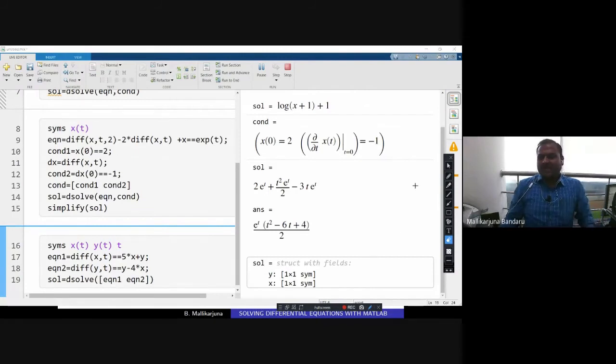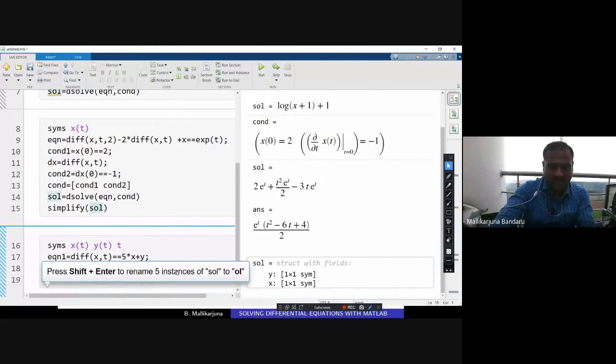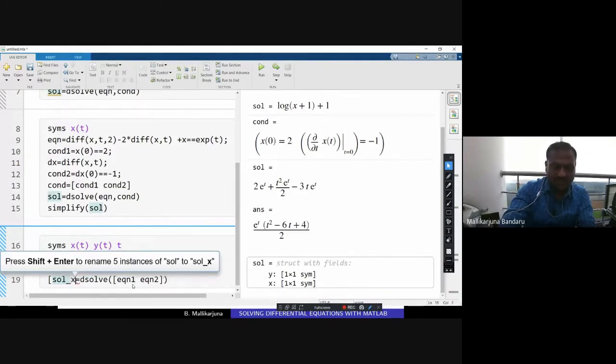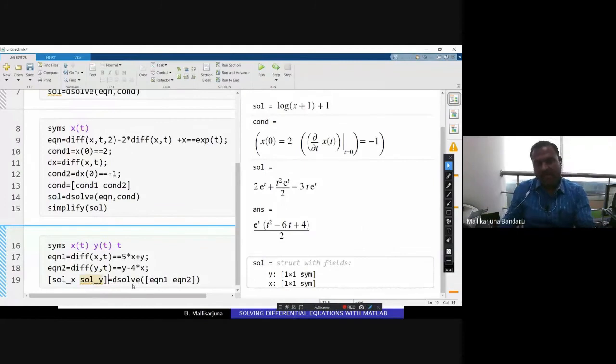Observe carefully: this is a solution struct with fields y as 1 by 1 sym and x as 1 by 1 sym. So there are two outputs because there are two dependent variables, one for x and another for y. Let us give the outputs in the output position itself: the solution of x and the solution of y. Now you will get the solution for both easily.